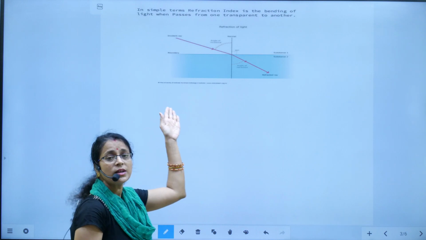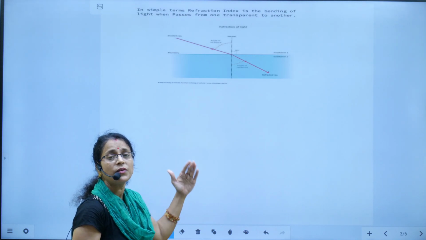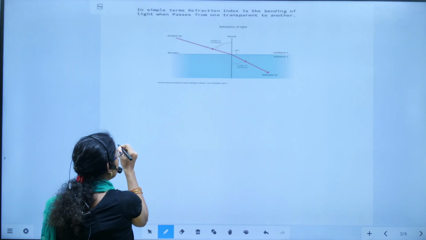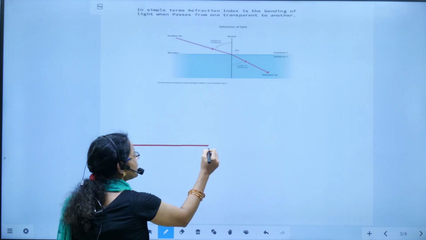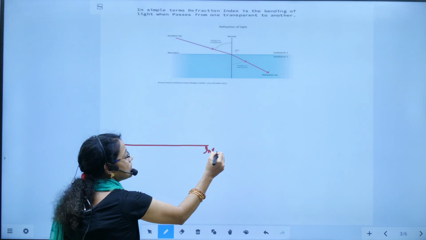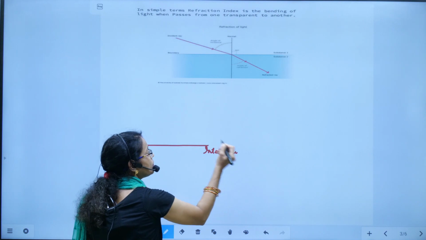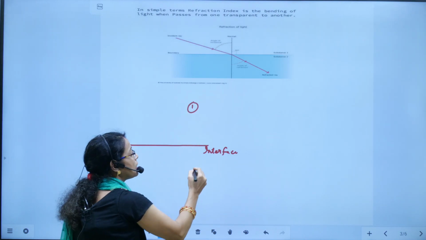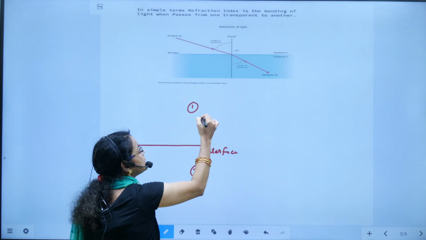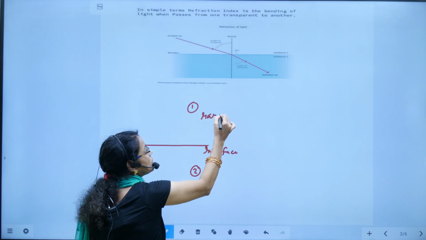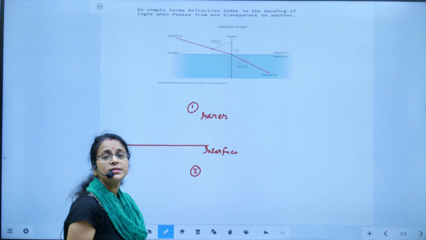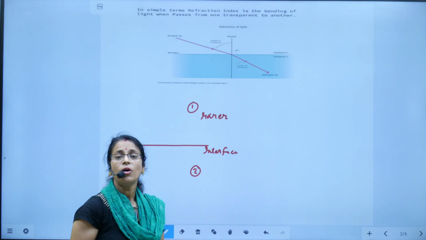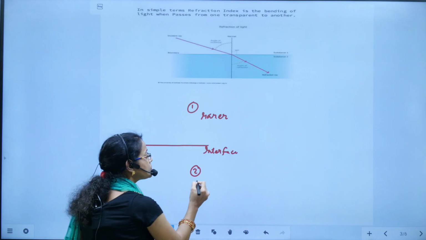Here a picture shows how it is bending. We'll take different conditions. Suppose an interface divides two media; the first medium is the one from which the ray of light travels to the second medium. According to the optical density of the medium, we can say whether the medium is rarer or denser.